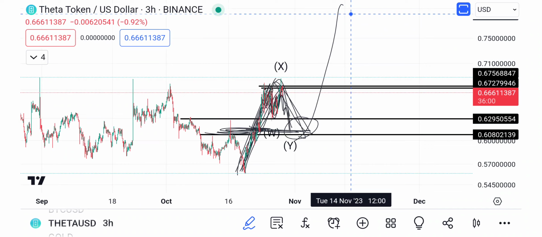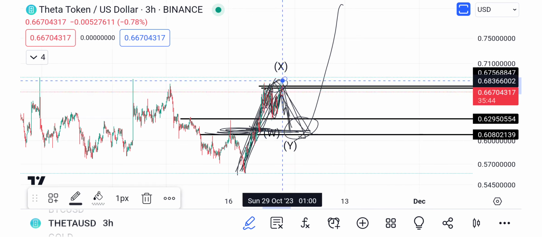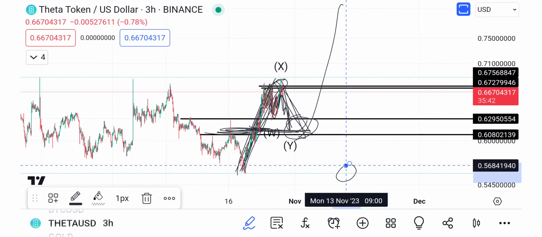Now, if you're an investor, if you're a hodler, if you're going to hold this for a couple of years or 5 years or 10 years, it doesn't matter if you buy it right here or even down here.